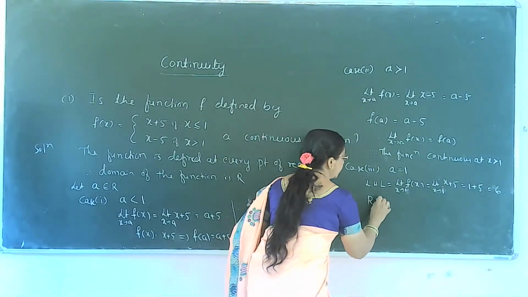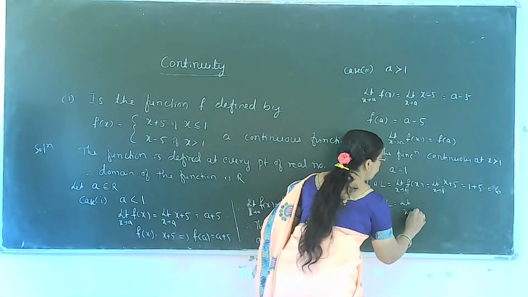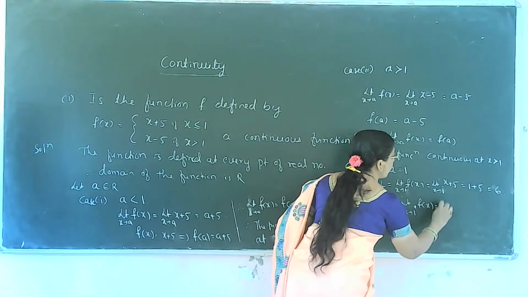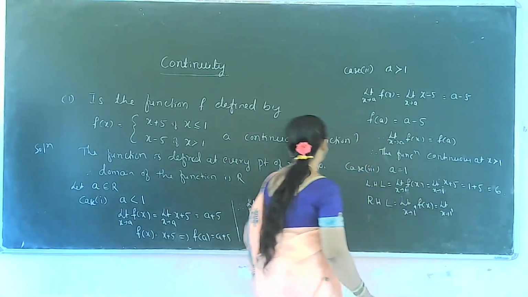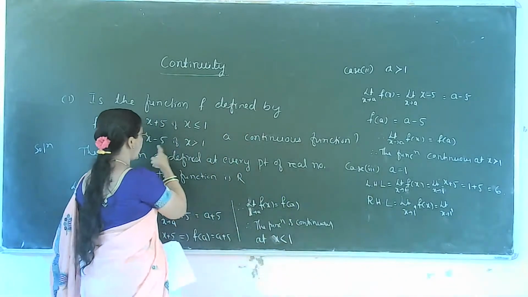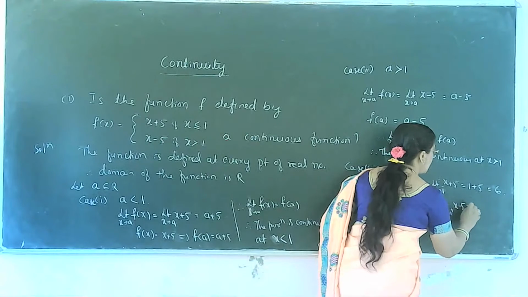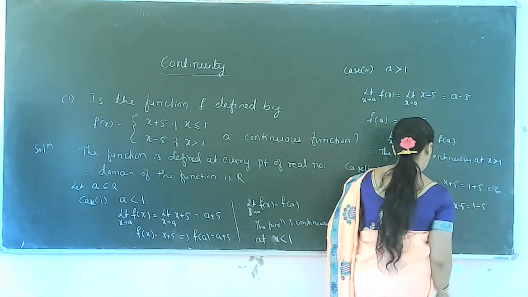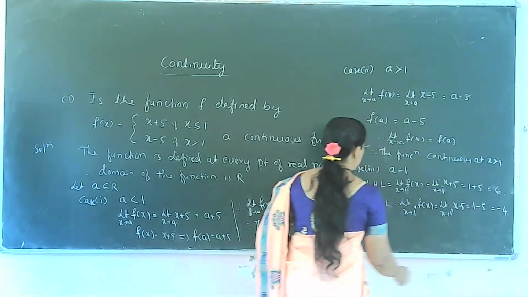Then RHL is equal to limit of x tends to 1 plus, f of x, which is equal to limit of x tends to 1 plus, meaning greater than 1. It's x minus 5, which is equal to 1 minus 5, which is equal to minus 4.